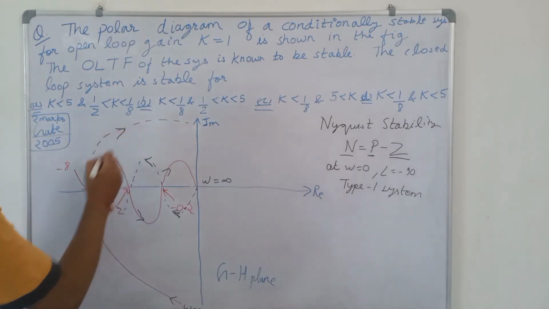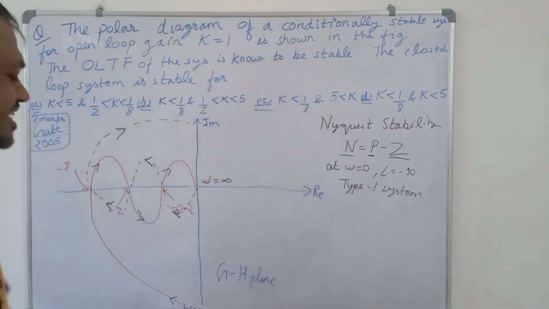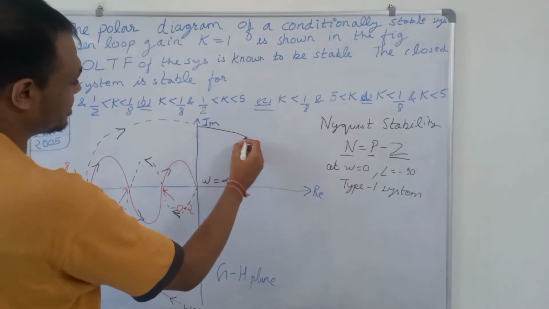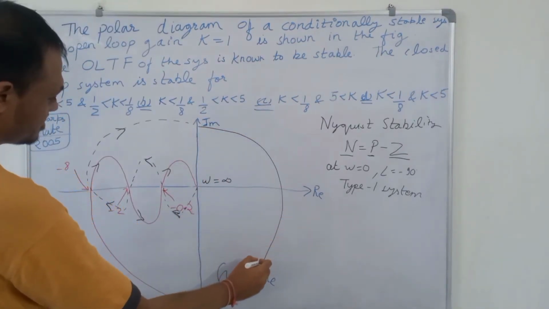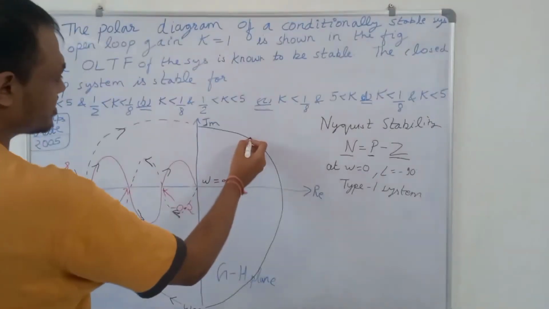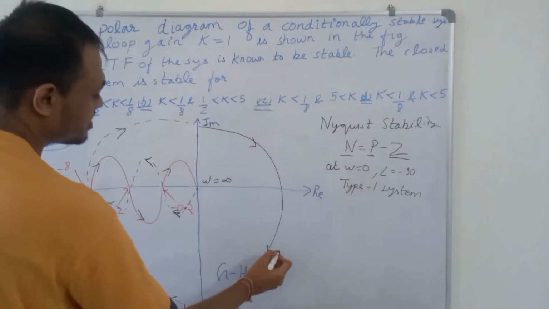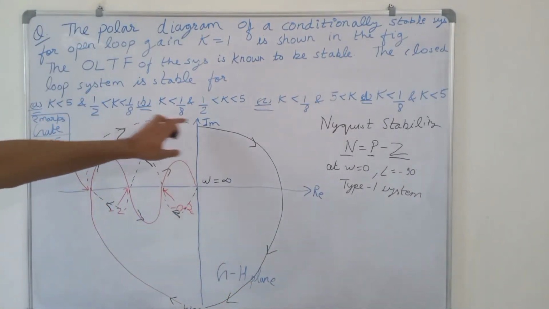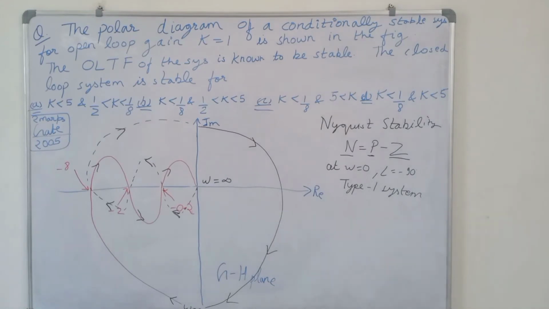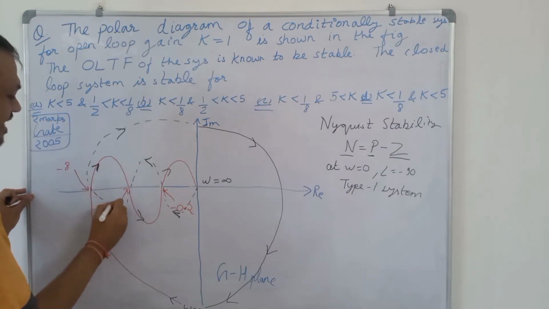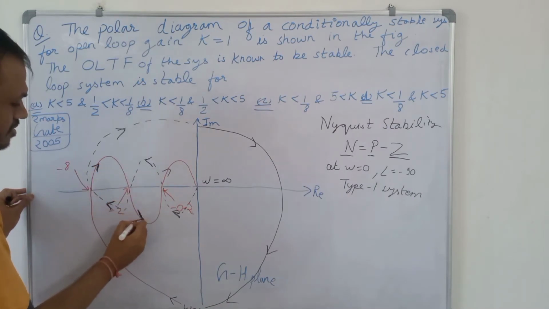It is a type 1 system, so there will be one semicircle, and this semicircle is in clockwise direction, because from here to here it is a clockwise direction. So this is the direction of this polar plot.